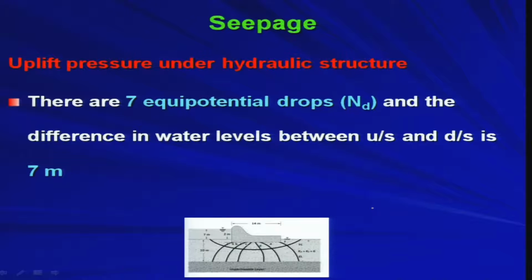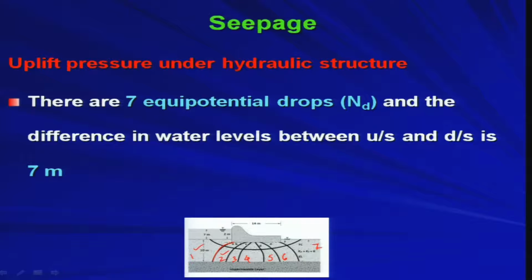If you count, this is 1, 2, 3, 4, 5, 6 and 7. So, you have got 7 equipotential drops. That means from this zone to this zone, it is separated by this equipotential line.